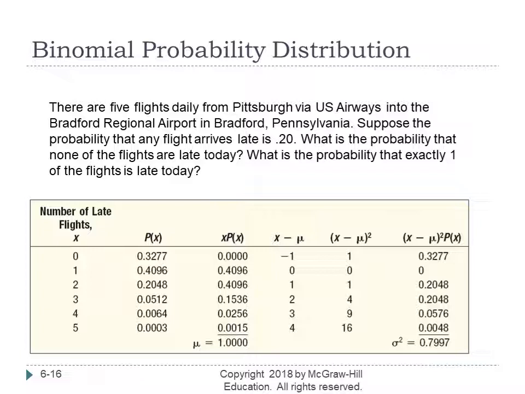All of these values should be positive or 0. In the final column, multiply x minus mu squared times the probability of x, and you do this for every row, for each value for x. The sum of all those products will give you sigma squared, or the variance. The variance here will be 0.797.